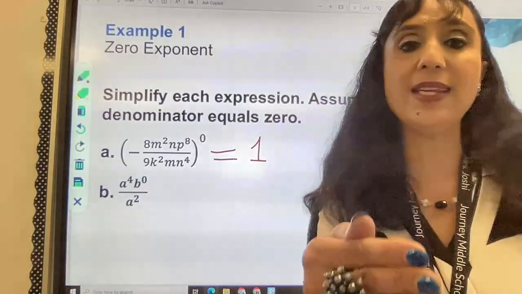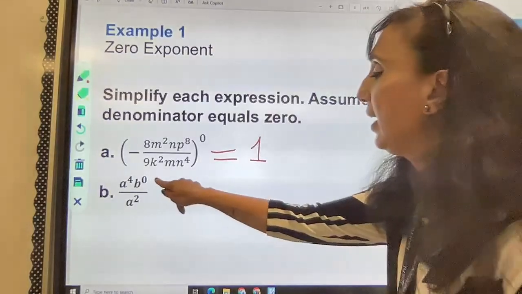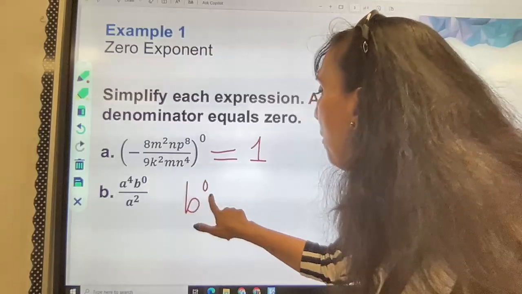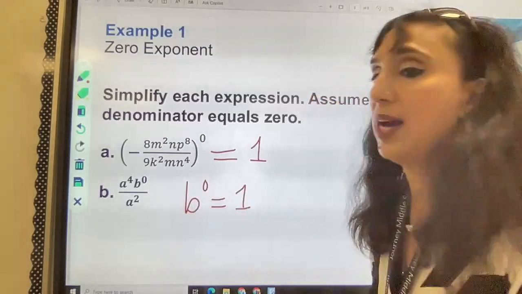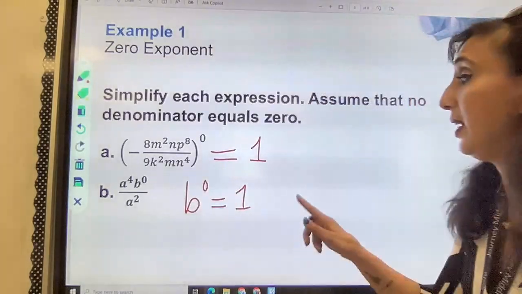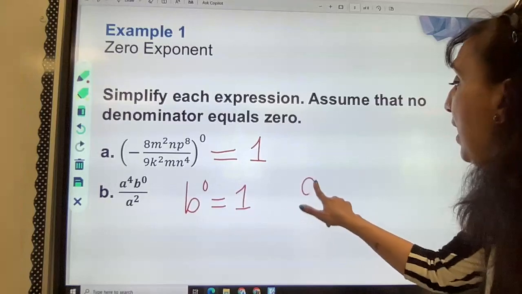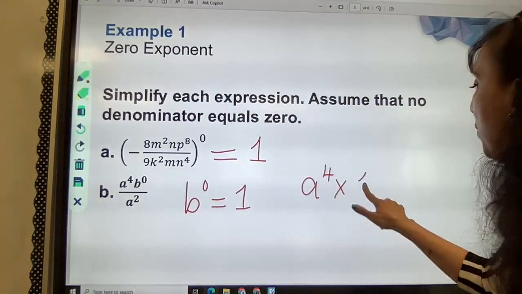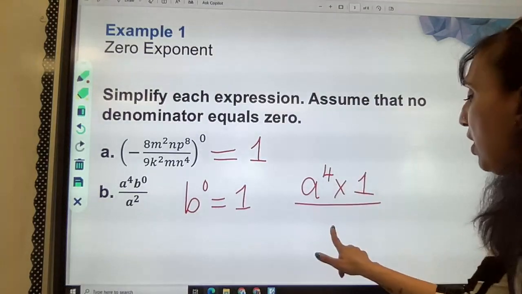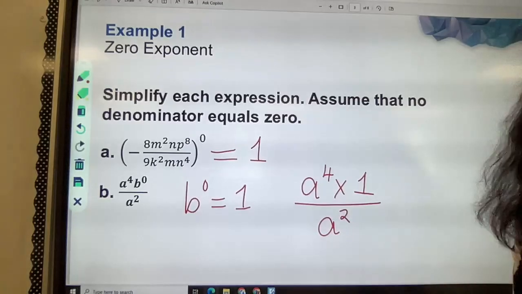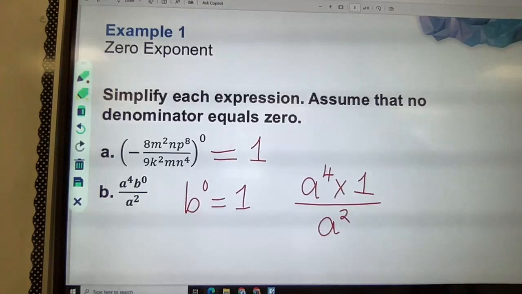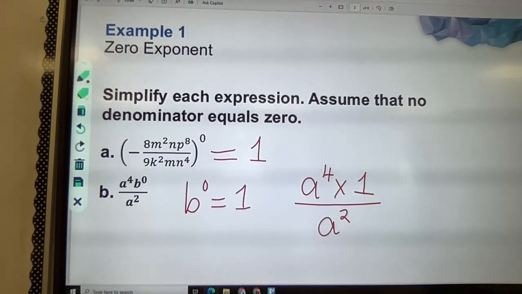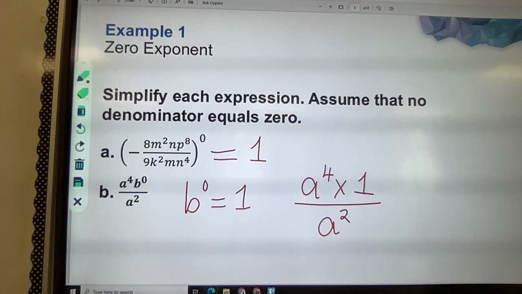Now, let's look at the next one. I can see that this part, b raised to the 0 power, is going to be 1. So ultimately, I have a to the 4th power times b to the 0 power, which is 1, over a squared. The next thing I am going to do is use the quotient of powers.